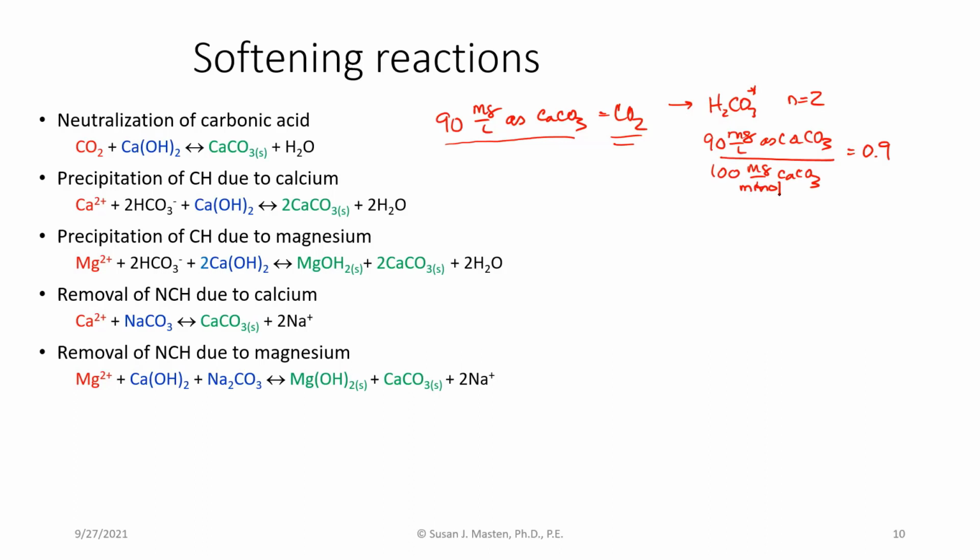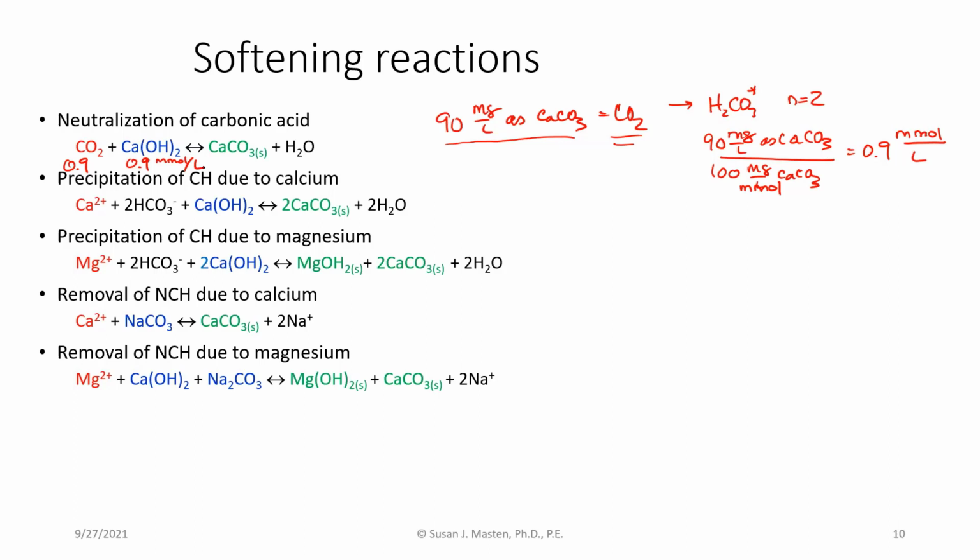Milligrams cancel, and we have 0.9 millimoles per liter. The stoichiometric ratio is 1:1, so that is also 0.9. So we need 0.9 millimoles per liter of calcium hydroxide.